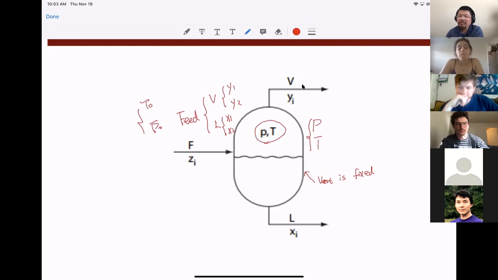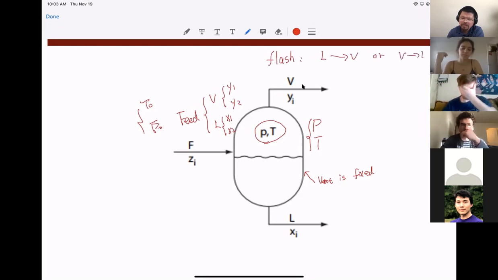Are we going to have phase splitting? Are we going to have the liquid transformed into vapor or the opposite? So this is why we have the name flash. Simply, we try to understand the phase change from liquid to vapor or vapor to liquid.